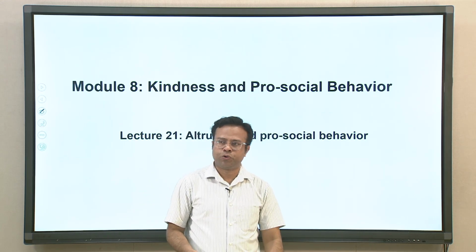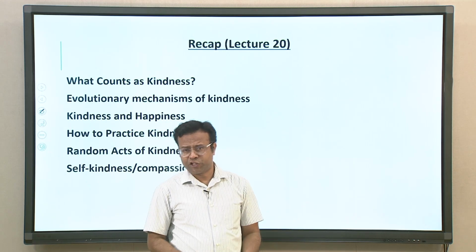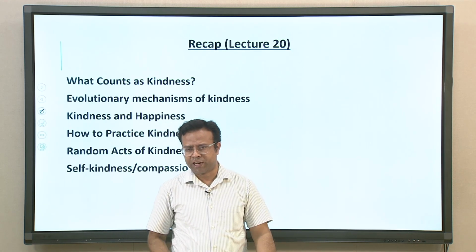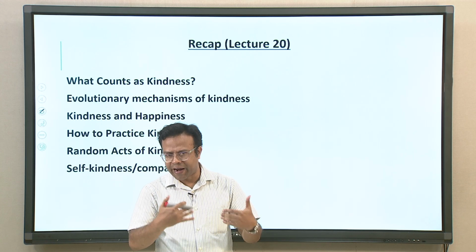Before we talk about today's lecture, let me give you a brief recap of the last lecture. The last lecture was also part of the same module, lecture number 20, and we discussed the concept of kindness: what is the meaning of kindness, and what kinds of behaviors are counted under kindness.